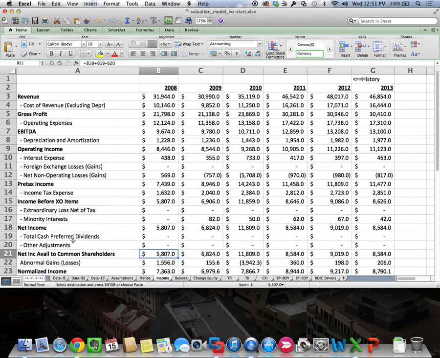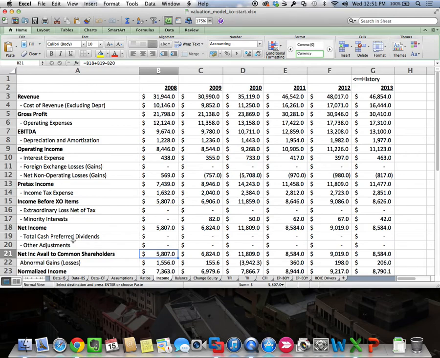Now the reason I'm recreating it is that we're actually going to also put into this tab the forecast. So the income and balance sheet tabs in the model are going to be the ones where we're actually going to have 11 years of forecasted data plus the 6 years of historical data in both of these tabs. Okay? So that's what we're about to do, is we're about to create that forecast.